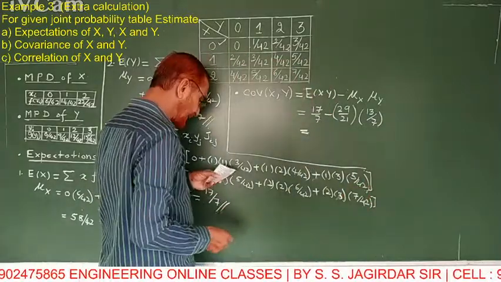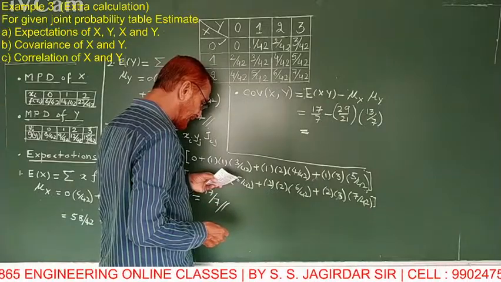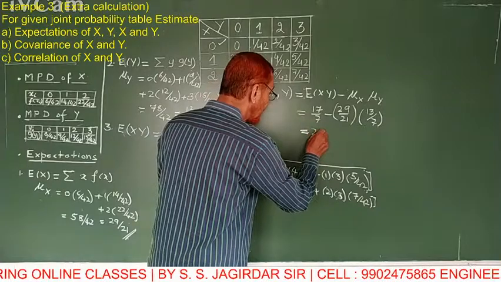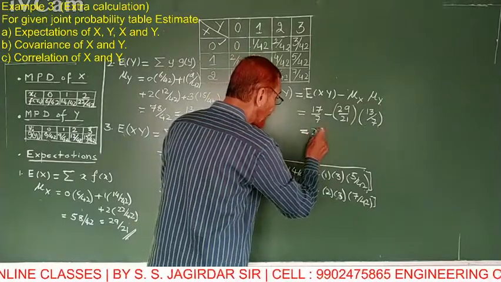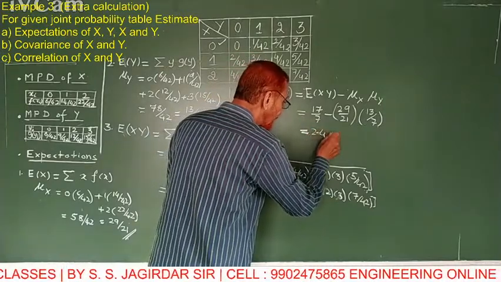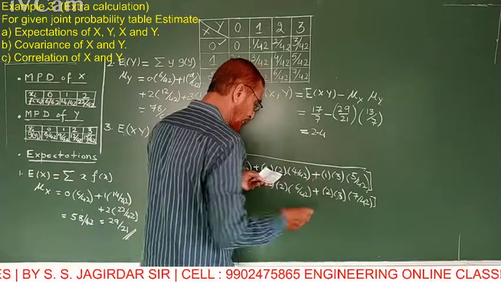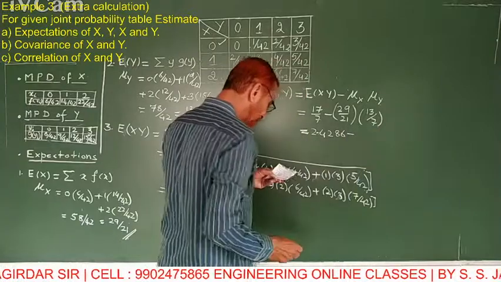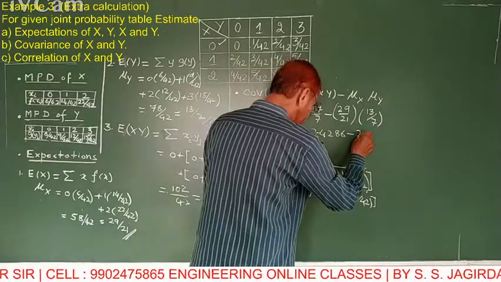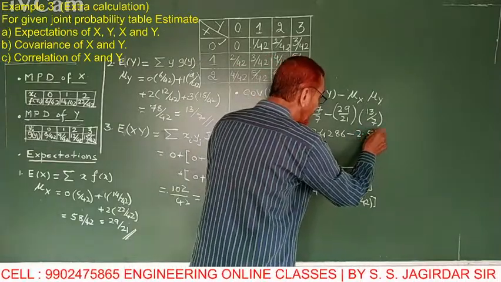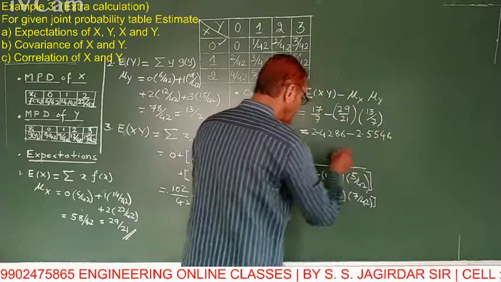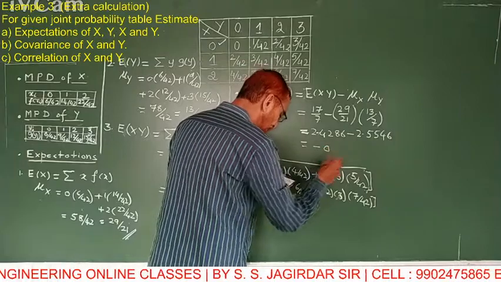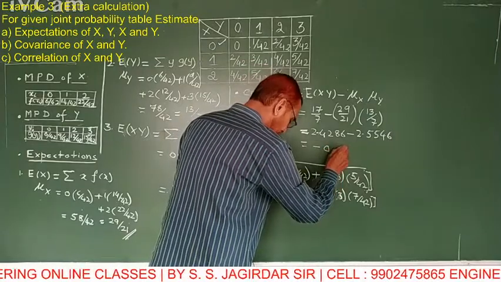The result you get is 2.486, and its product is minus 2.5546, and when you work out this subtraction, you will get negative 0.126.